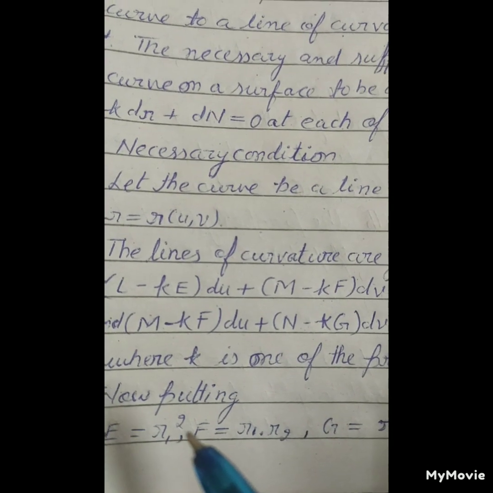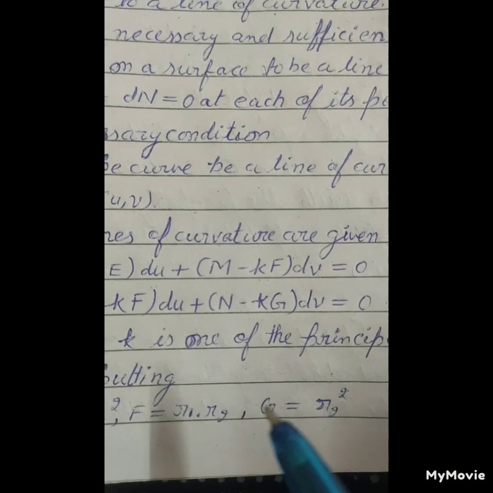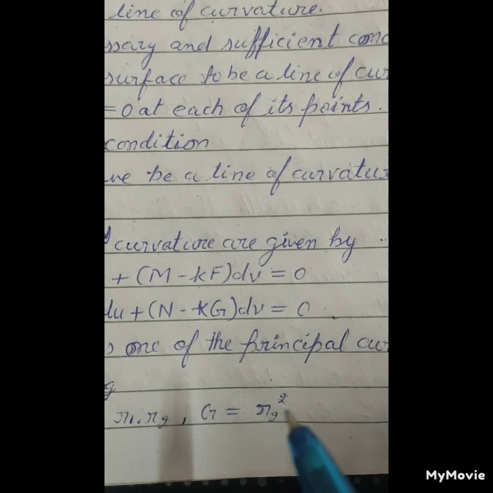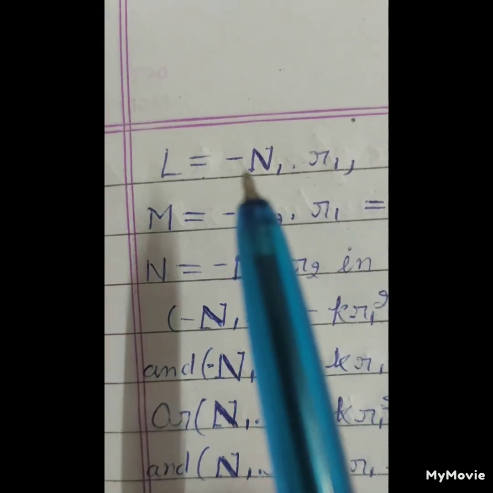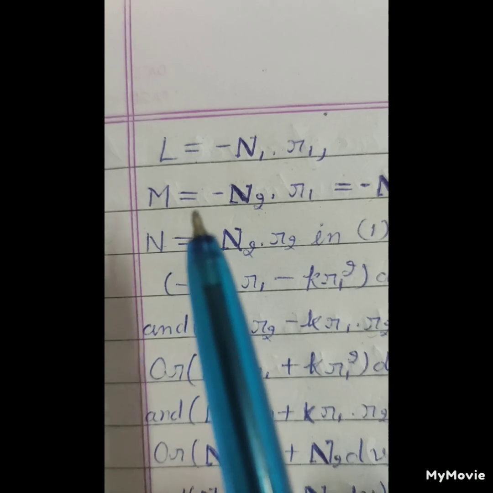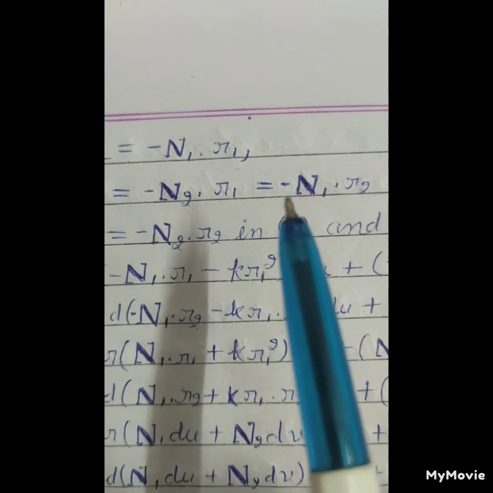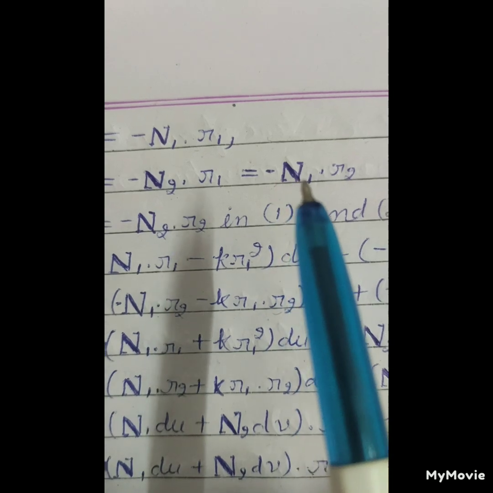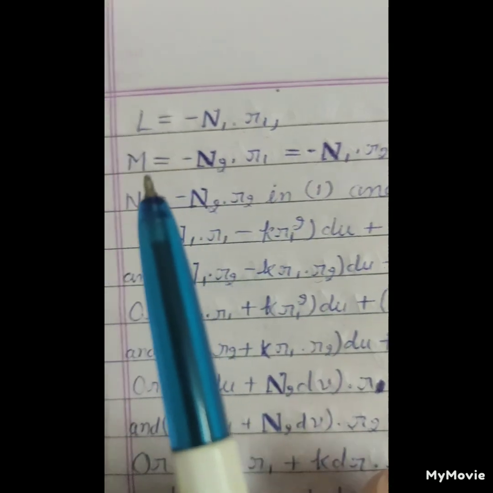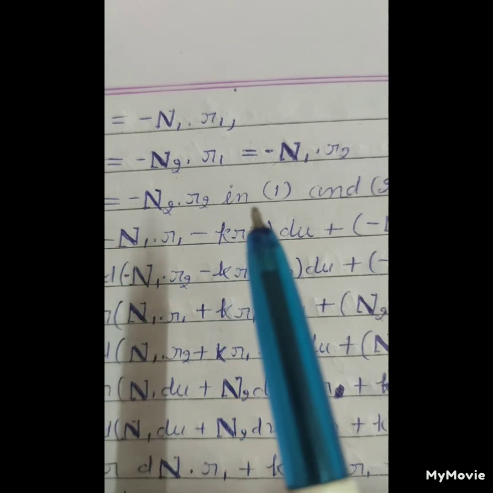Now putting E equals r1 squared, F equals r1 dot r2, G equals r2 squared, L equals minus n1 dot r1, M equals minus n2 dot r1 equals minus n1 dot r2, and N equals minus n2 dot r2.